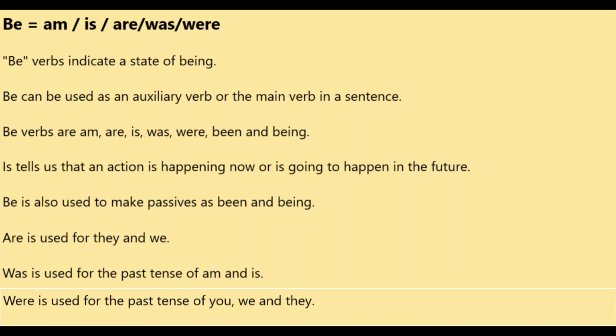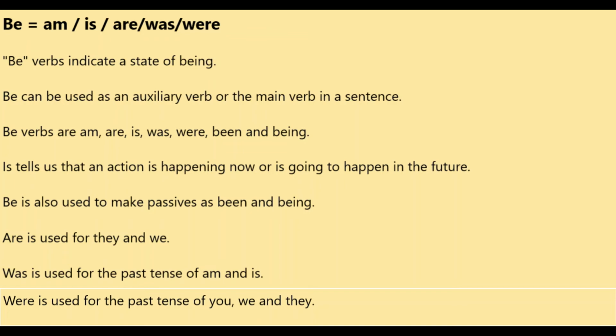It tells us that an action is happening now or going to happen in the future when it is used in the tense. When you are using continuous forms, you use it for future actions or actions happening now. Be is also used to make the passive: been and being, passive voice. We use it more.